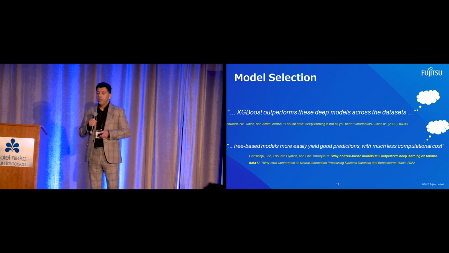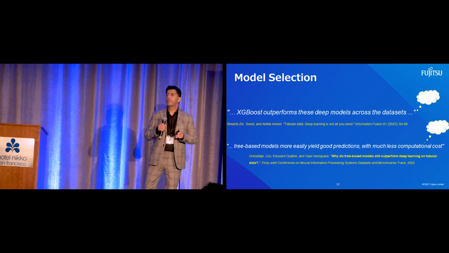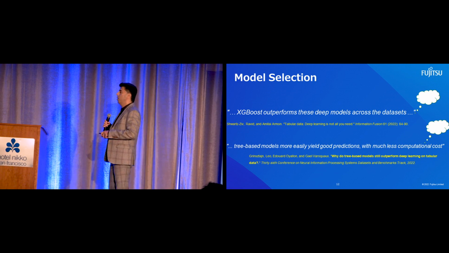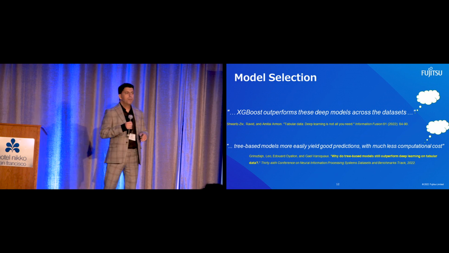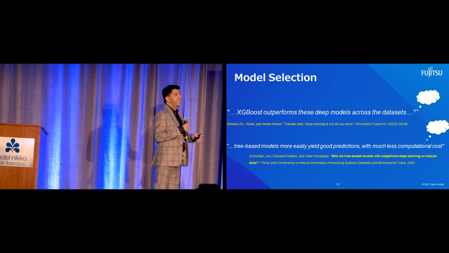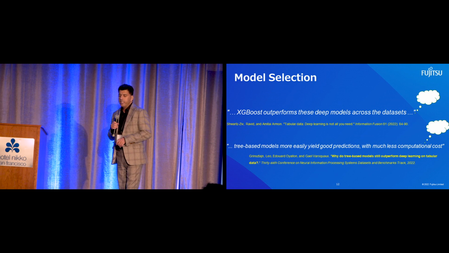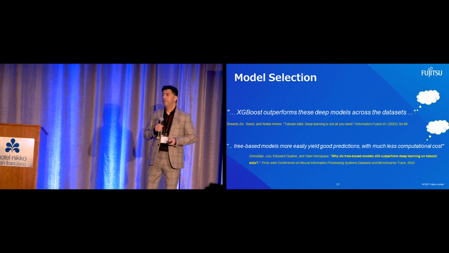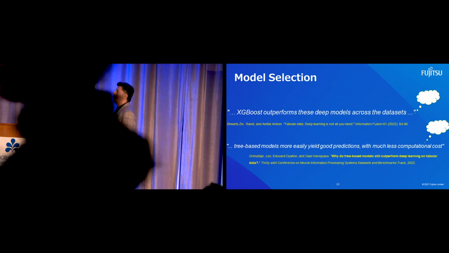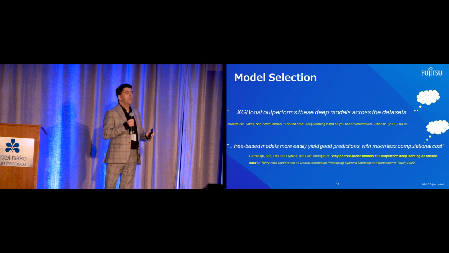So now when we look at model selection, there are different approaches to tackle tabular data to select the model itself. There are a couple of papers that indicate that deep learning does not always perform very well on tabular data. Especially, for example, a recent paper in NeurIPS explained that tree-based models perform better compared to deep learning. And interestingly, it is not only performance that matters, it is also computation time.